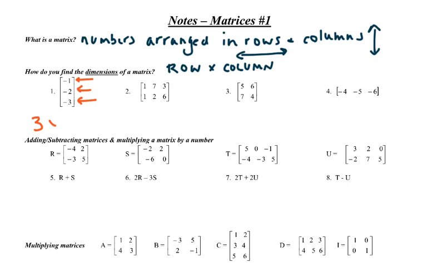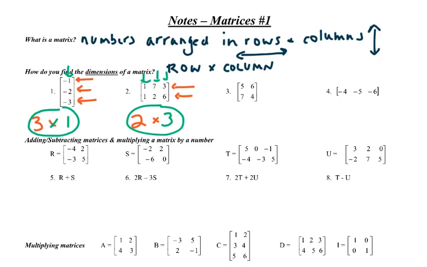But the number of columns here is only 1. So this is a 3 by 1 matrix. The next matrix here has 2 rows, 1, 2, by, I think you'll agree, 1, 2, 3 columns. So it's a 2 by 3 matrix.